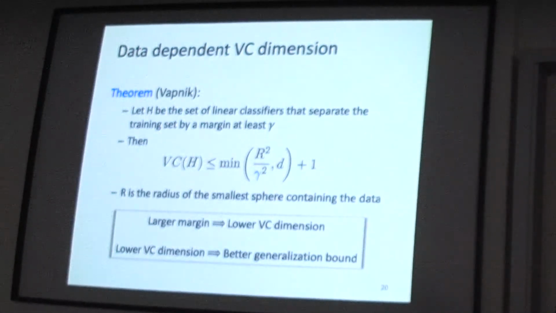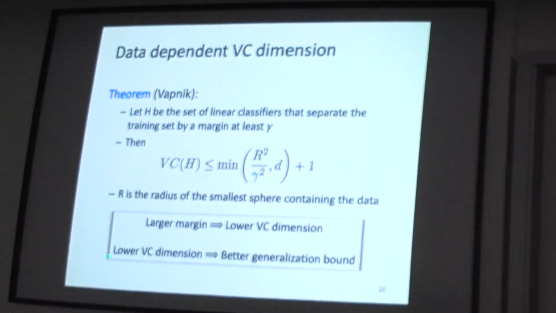If we can index the linear classifiers in terms of the margin of the corresponding hyperplanes, then we can show that the larger the margin, the lower the VC dimension of the corresponding subset of linear classifiers.